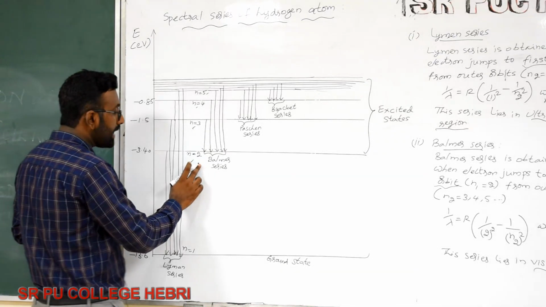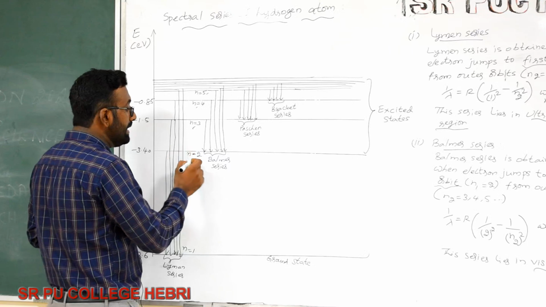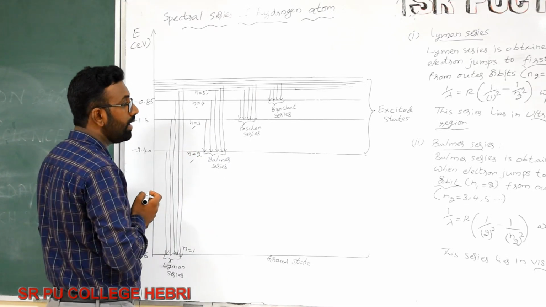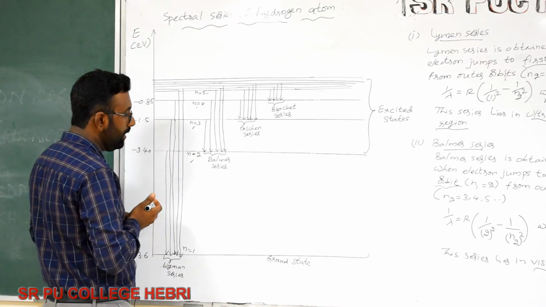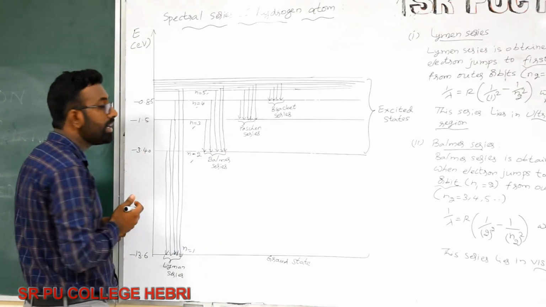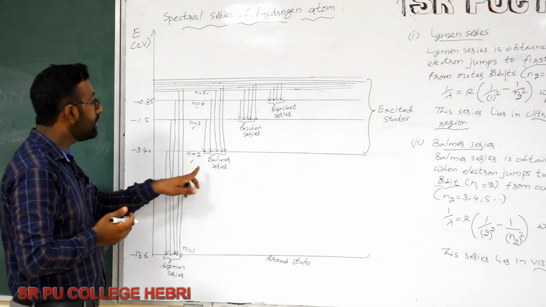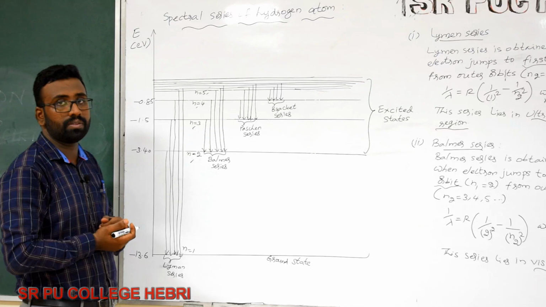Similarly, when an electron jumps to the second energy level from the higher energy levels, we get Balmer series.